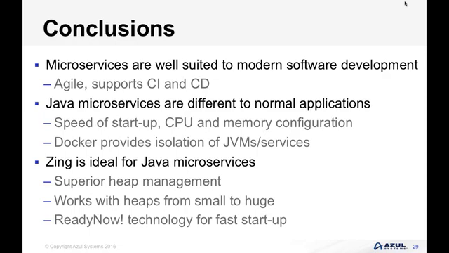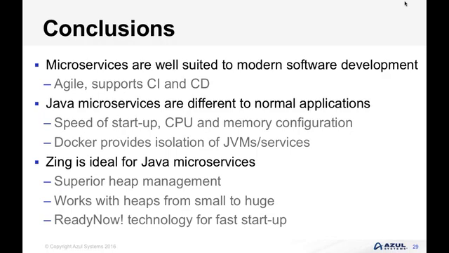Docker does provide very nice isolation of JVMs and services so that you don't have to worry about things bumping into each other. You can simply package everything into a container and deploy it onto whatever machine you want to, in the cloud or on your own hardware, whatever. Zing is ideal for Java microservices.